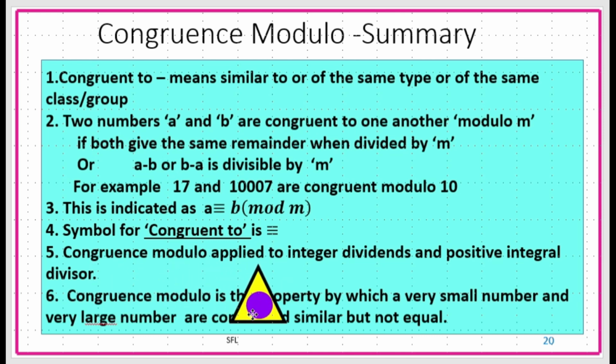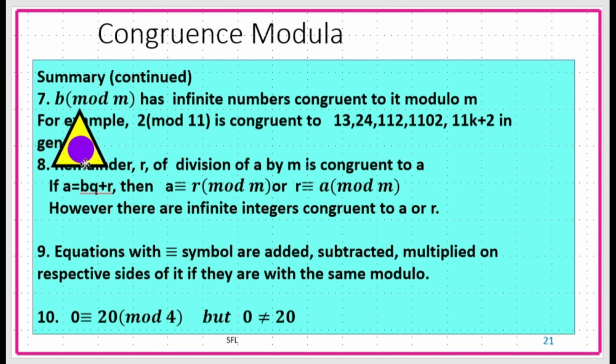Congruence modulo applies to integer dividends and positive integral divisors. Congruence modulo is the property by which a very small number and a very large number are considered similar but not equal. Summary continued. B mod M has infinite numbers congruent to it modulo M. For example, 2 mod 11 is congruent to 13, 24, 112, 1102 and 11k plus 2 in general.